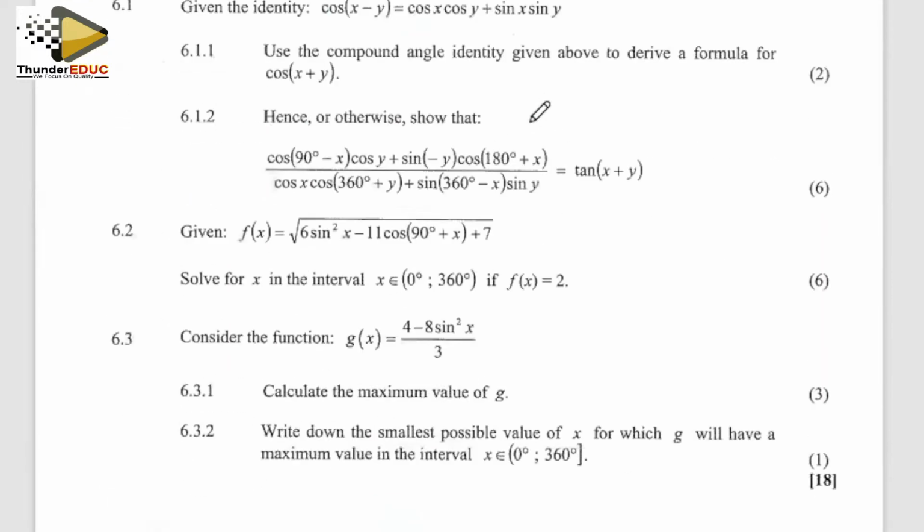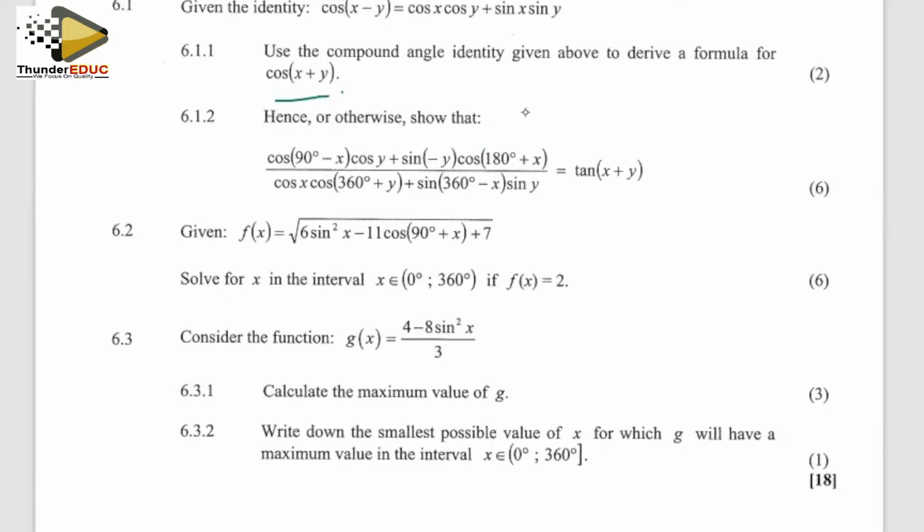Question number 6. Given the identity, cos of x minus y is equal to cos x cos y plus sin x sin y, use the compound angle identity given above to derive the formula for cos of x plus y.